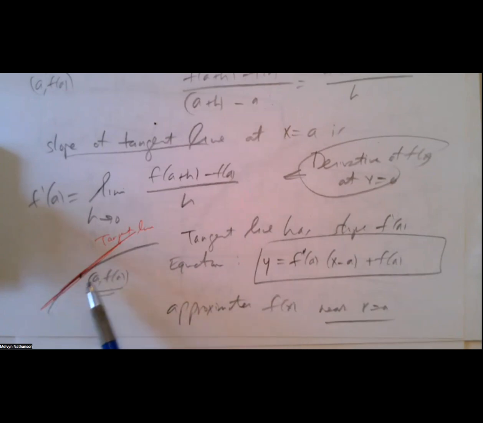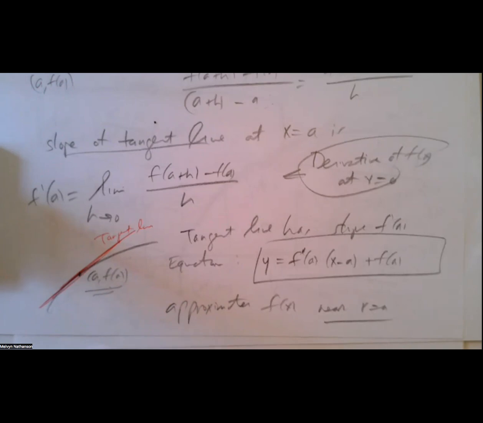And we have another interpretation of this. If your variable is time and the function is telling you the position at a given time, the secant line has a slope which is the average velocity over a certain time interval. And the tangent line has a slope, or the derivative is the instantaneous rate of change of your function at a certain point in time.